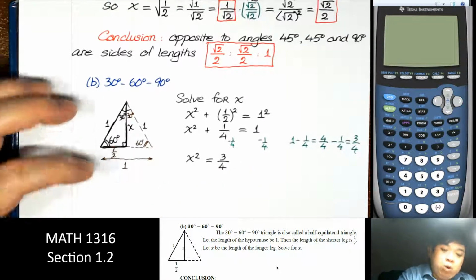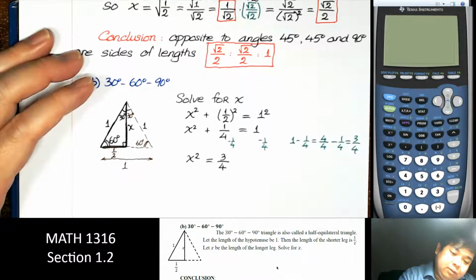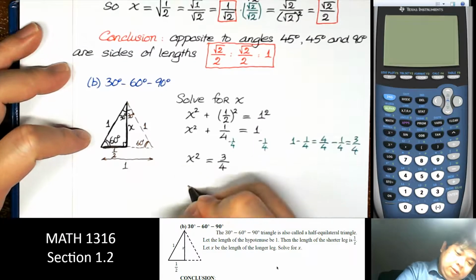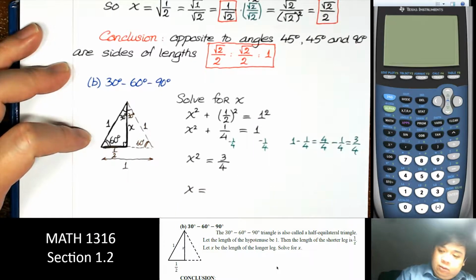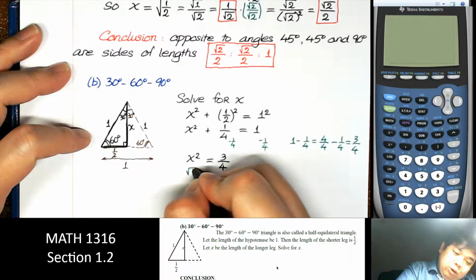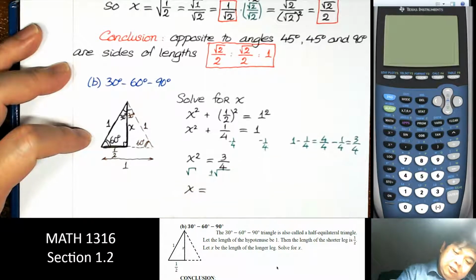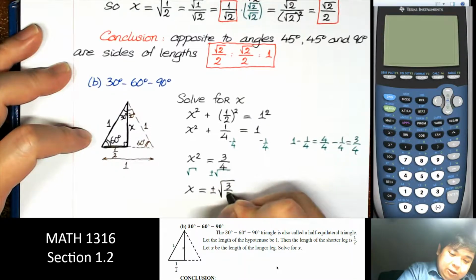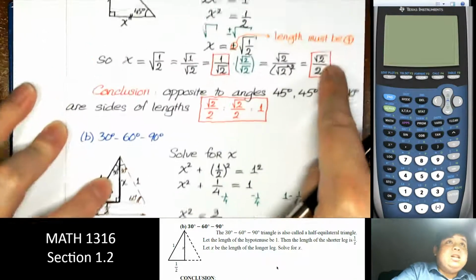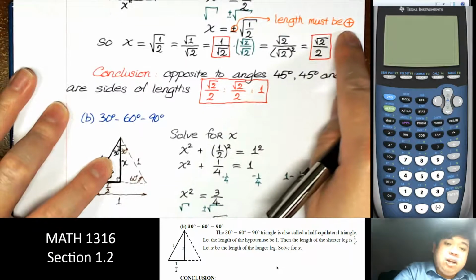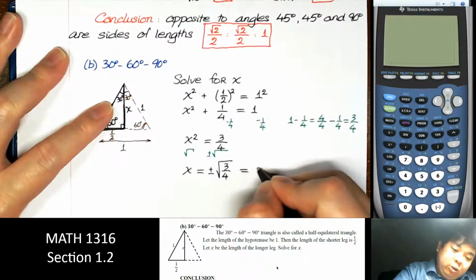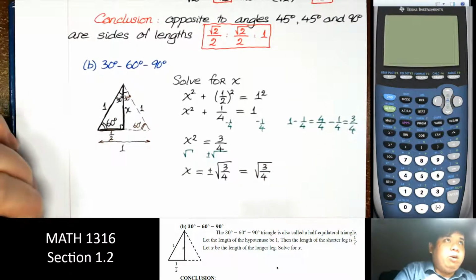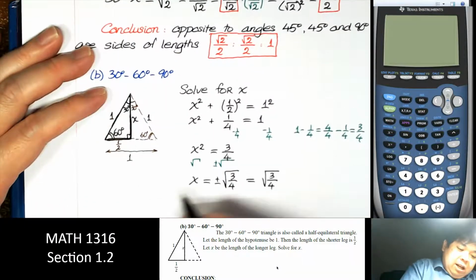And now we just take the square root on both sides. And once again, just like what we did earlier, the length cannot be negative. So we just take the positive square root of 3/4. And that is x.